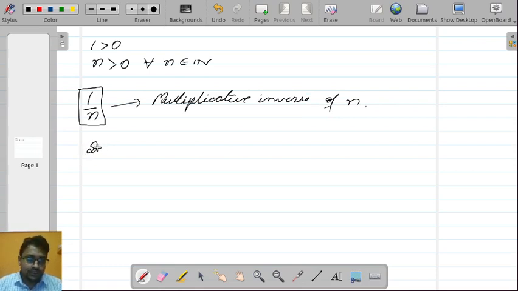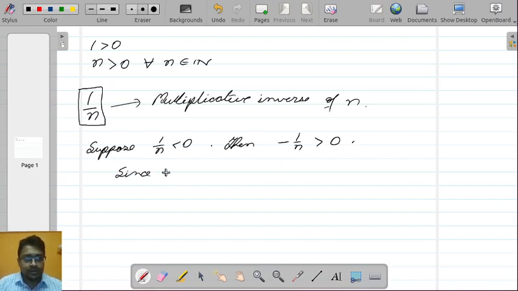So suppose that 1 by n is less than 0. Then what does it mean? It means that minus of 1 by n is greater than 0. Now since n is greater than 0, we already know this result, we have proved it by induction, n greater than 0 for all n in the natural numbers.